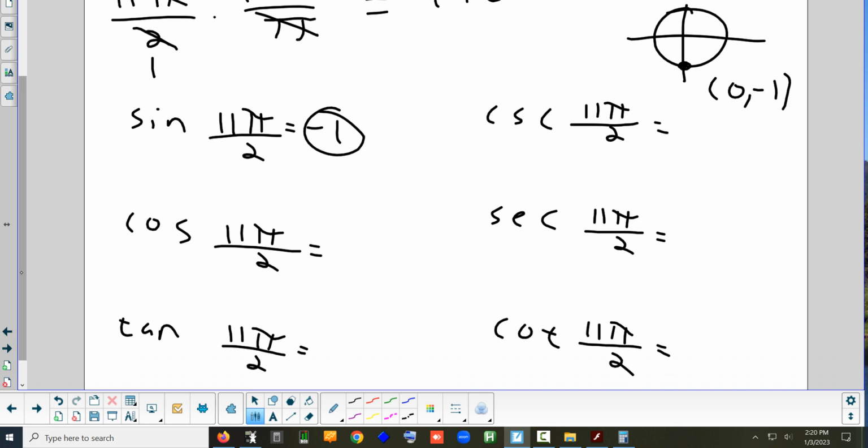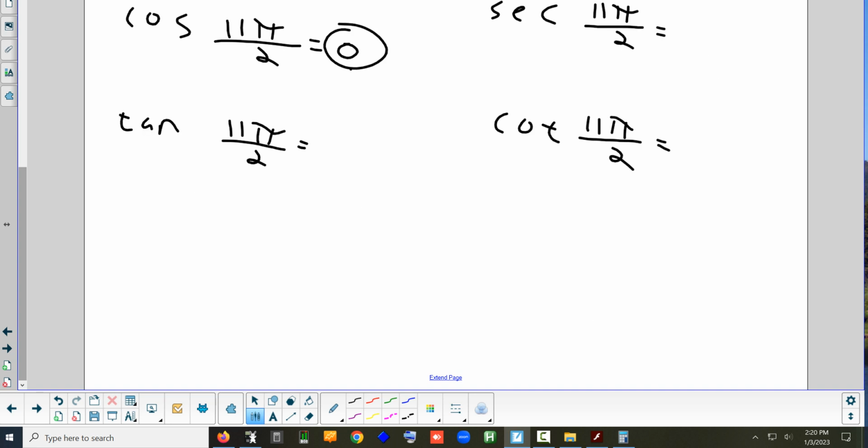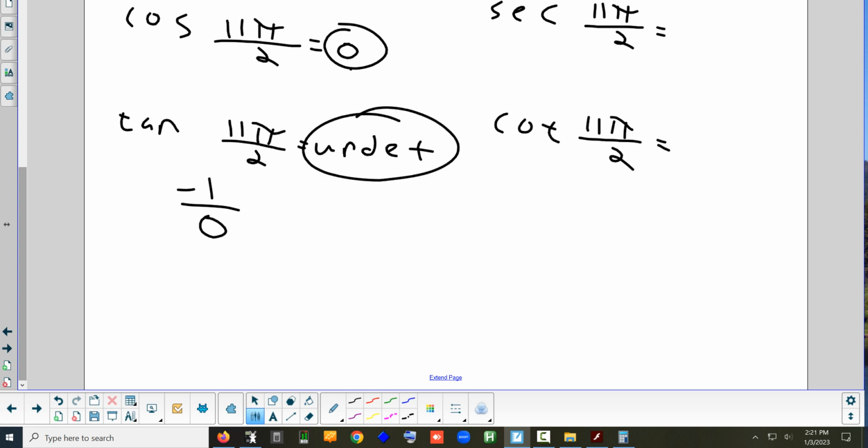X, which is 0. Good. Gavin, what's my formula for tangent? Y over X. Okay, so y is -1 and x is 0. So that's y over x, and what does that come out to? No solution. Yep, or we'll just write undefined. If you write no solution, you get credit for that.